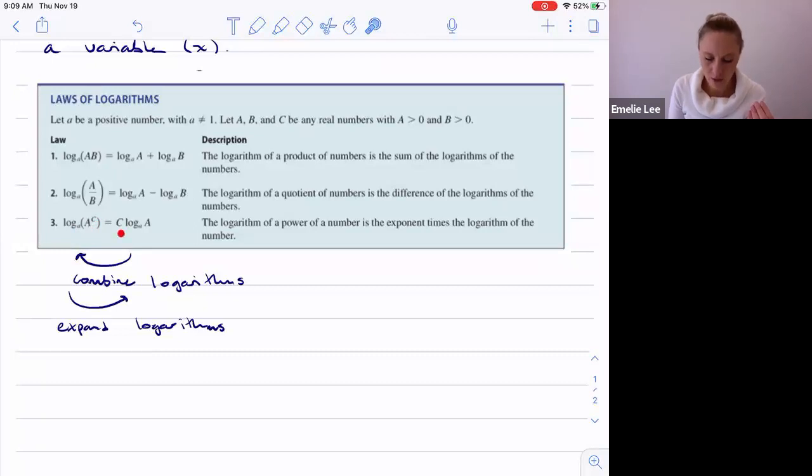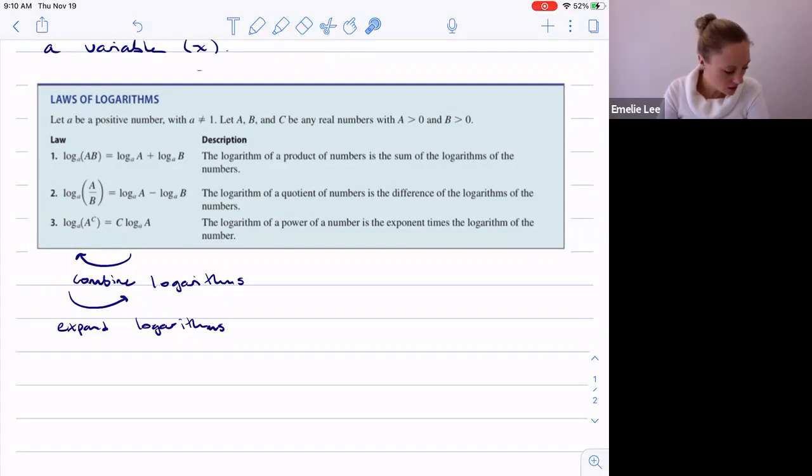Then the power has been brought down in front, and now I'm able to solve for that power. So we saw that last day, and we used that on the test. These two log laws are the two new ones.